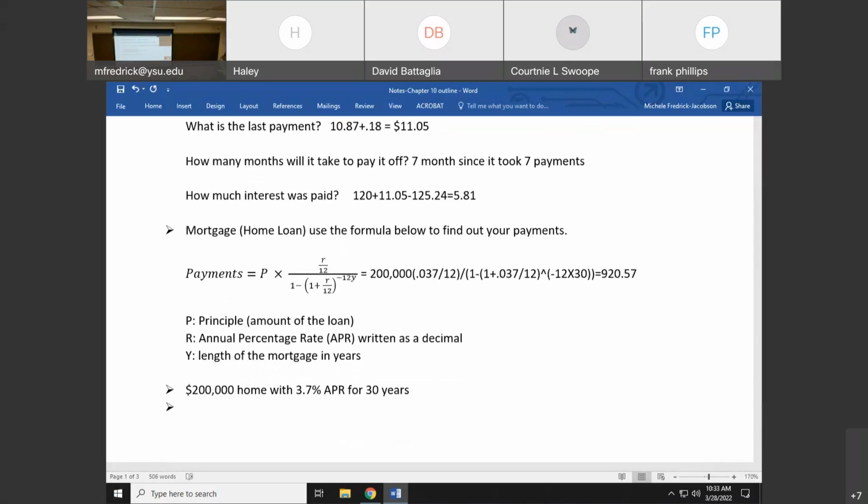So let's say that we're taking a home loan for 150,000 at 2.7% APR for 30 years.